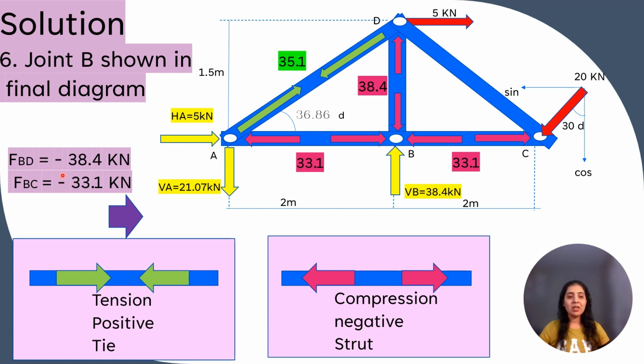It is negative, so it is in compression. Arrows will be acting away from each other, that is towards the joint. So for member BC, I have shown the force as 33.1 with arrows, and also for member BD as 38.4 compressive.